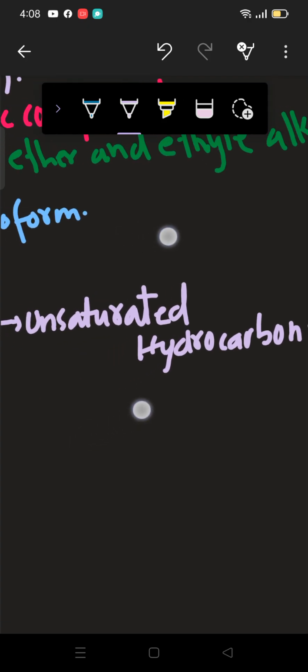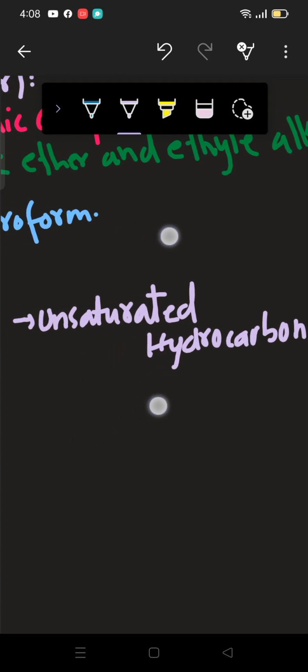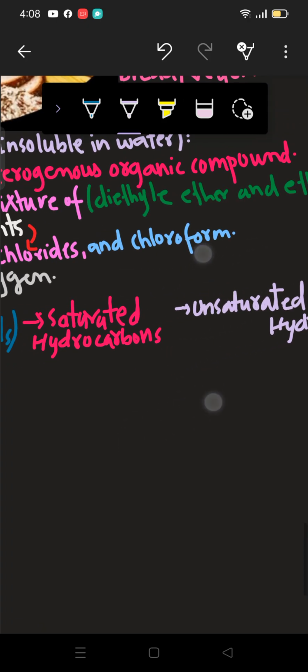Saturated hydrocarbons have carbons with a single bond.